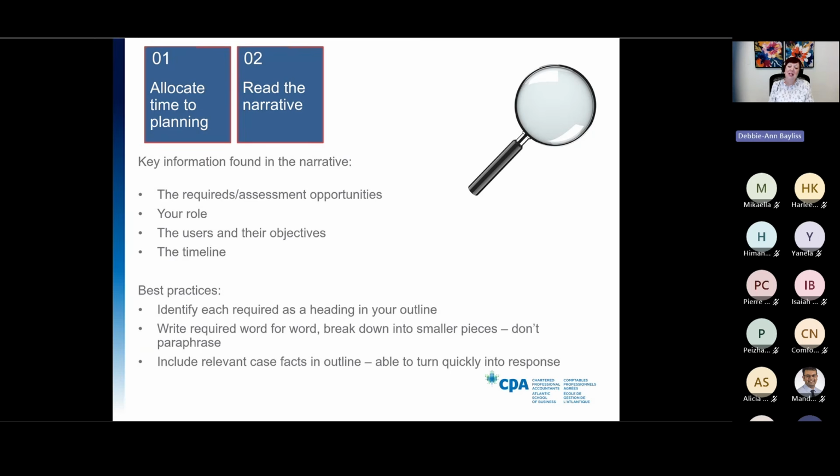So you need to identify the users and what their objectives are to determine an appropriate materiality base. The timeline. It's important to note the current date, when year end is, and any other dates that are provided, because it will help you identify a potential hidden issue.